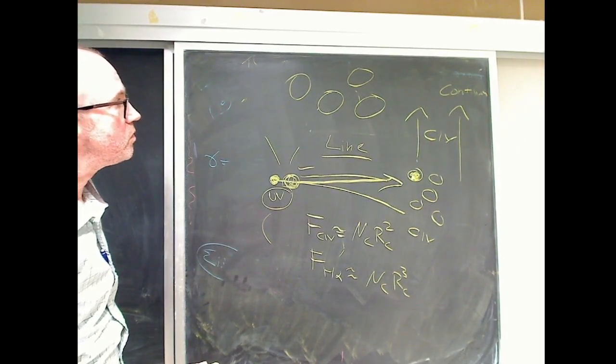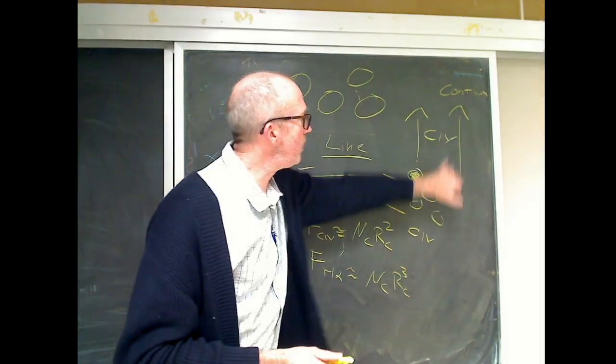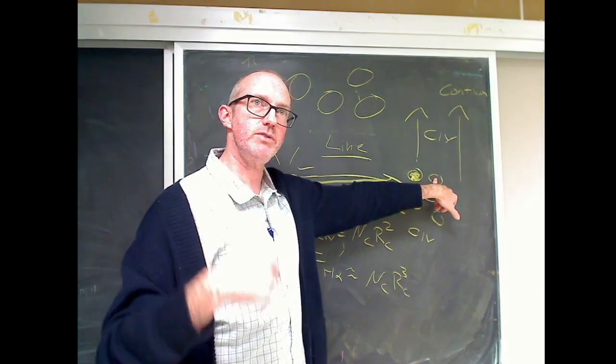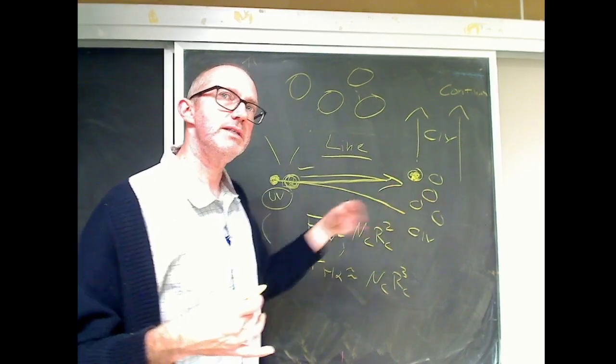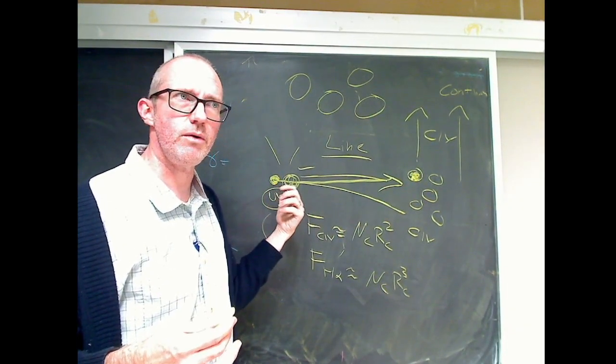So the continuum photons are going to go like the volume of the cloud, because every particle is radiating. But the line is only going to go like the surface of the cloud, because the surface is what gets lit up by the center of the black hole.